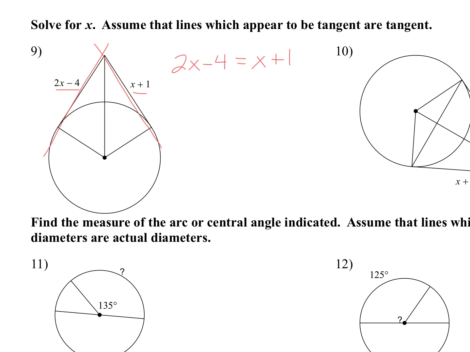So how do I get all the x's on one side? I could start by adding 4. Okay. So I'm going to add 4 on both sides. So I have 2x equals x plus 5. Yep, I need to subtract x on both sides. So I'm going to get x equals 5.